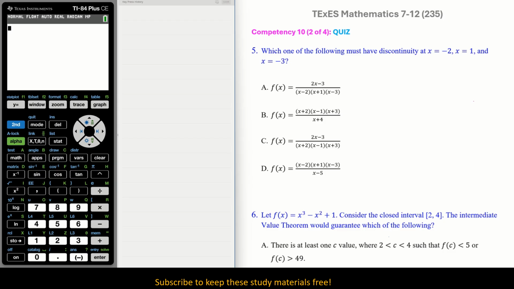Number 5, which one of the following must have discontinuity at x equals -2, x equals 1, and x equals -3? Okay, if you recall the rules of discontinuity, it will involve the denominator.